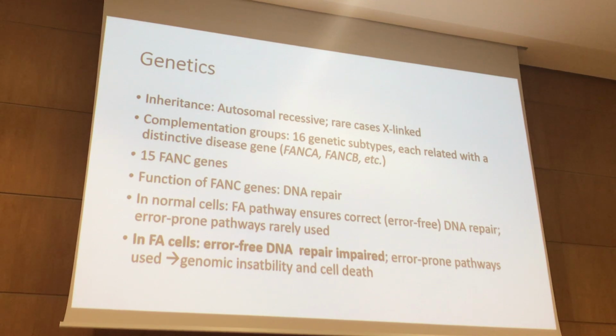This gives rise to an error-prone production of the blood cells, underproduction of the cells, instability of the blood cells, and ultimately leads to cell death. So this is the actual reason for aplasia of the bone marrow in these patients.